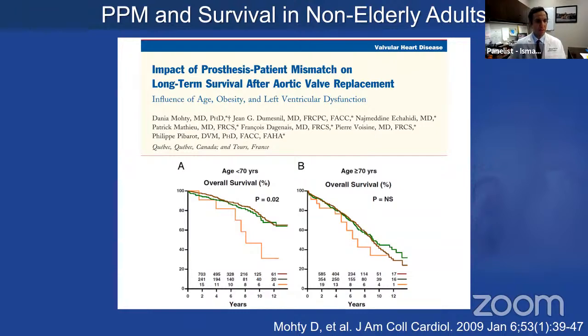This is data from the original studies by P. Barlow in Quebec, in Canada, showing that patient prosthesis mismatch has a direct impact on long-term survival of patients, especially on younger patients versus older patients, and especially severe mismatch versus moderate mismatch. So we really have to be very careful about trying to avoid mismatch at all costs in these patients.